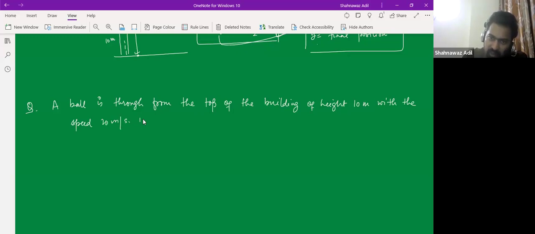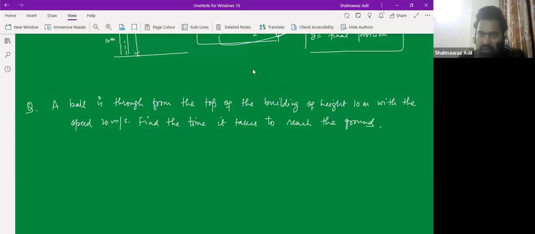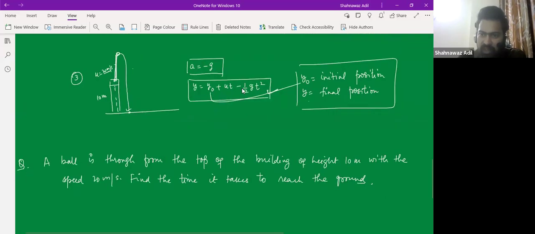Find the time it takes to reach the ground.